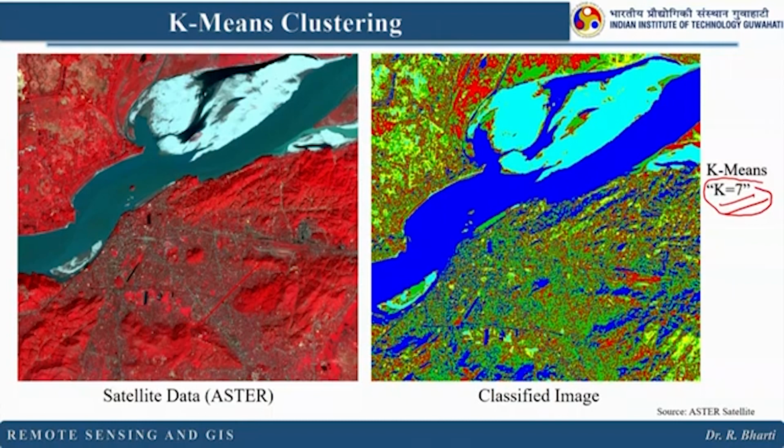Here you can see you have only maybe 7 classes, so only 7 colors are used to represent 7 different classes. Once you know blue color is water, then all the blue colors belonging to this particular classified image represent water, or the presence of water, right.